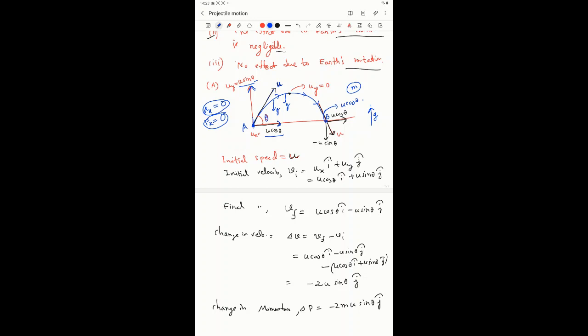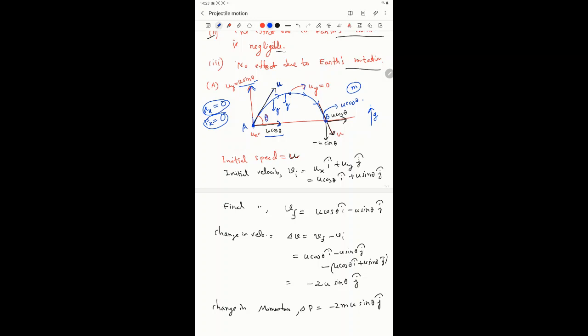Its initial y-axis velocity is along the positive y direction, while acceleration due to gravity acts in the negative y direction. So its velocity in the y direction will decrease and come to 0 at the highest point of its path. Here the y-axis velocity will be 0, and the particle will come to rest.